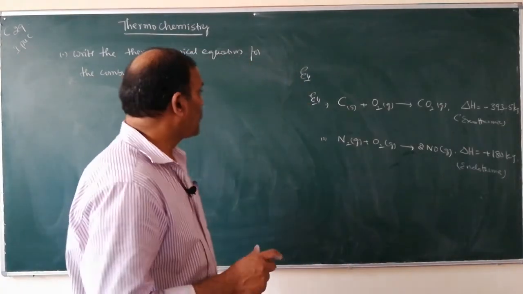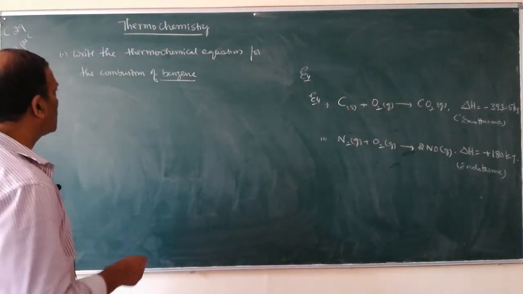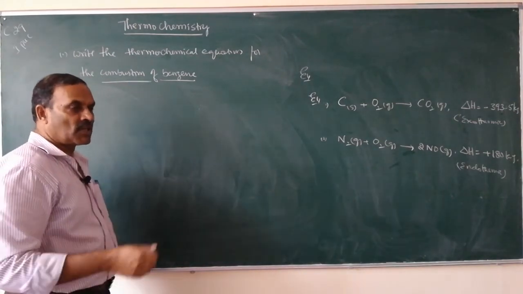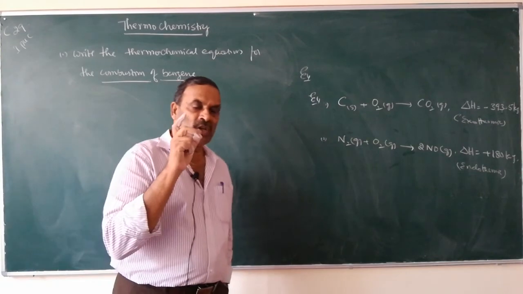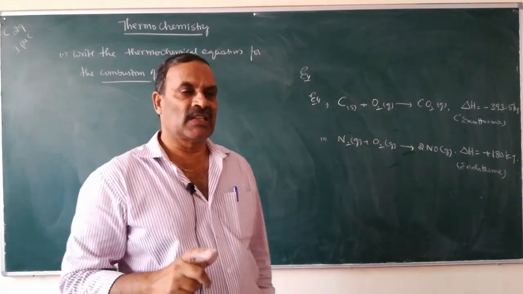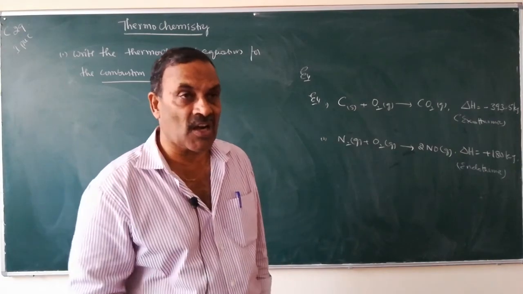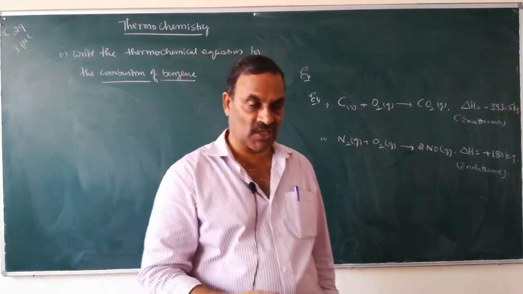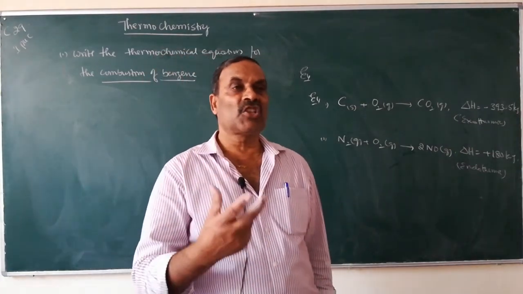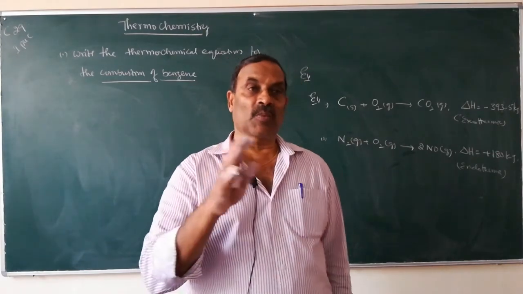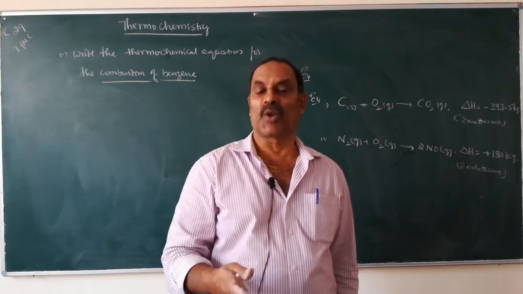So, how to write the thermochemical equation for the combustion of benzene? What is the meaning of combustion? An organic compound reacts with oxygen. During combustion of an organic compound, what are the products formed? Carbon dioxide and water are the products.